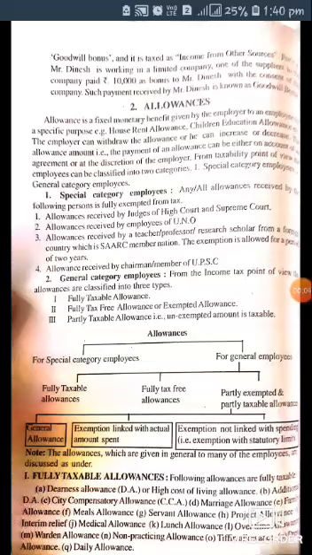Next is allowances. An allowance is a fixed mandatory benefit given by the employer to the employee for a specific purpose, for example house rent allowance and children's educational allowance. The employee can withdraw the allowance, or he can increase or decrease the allowance amount.